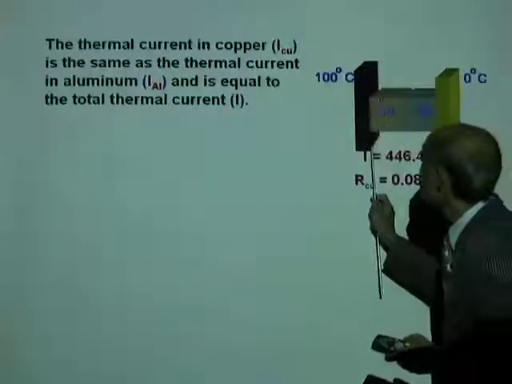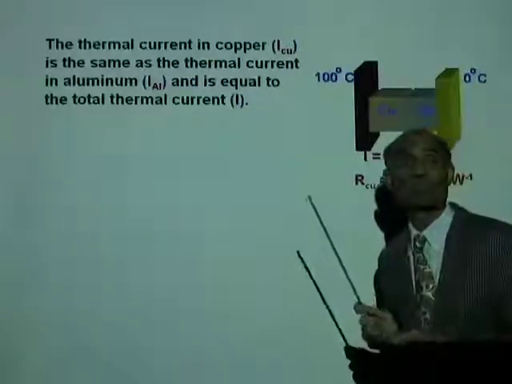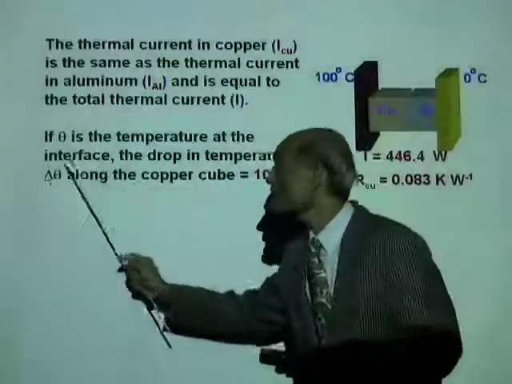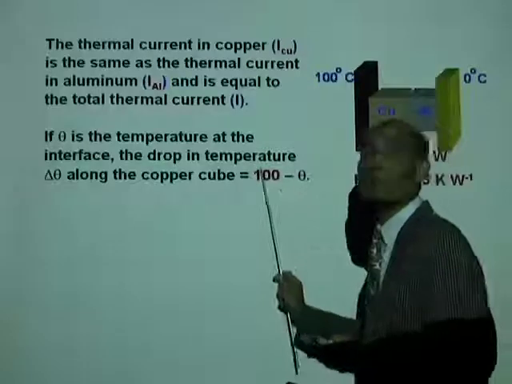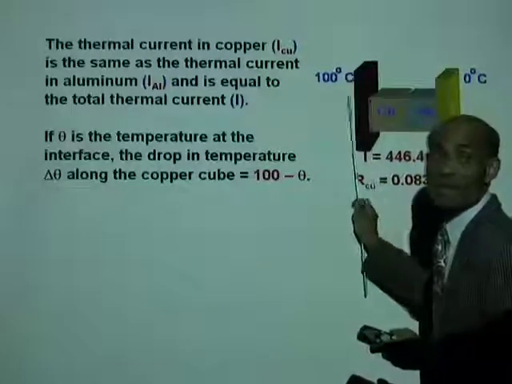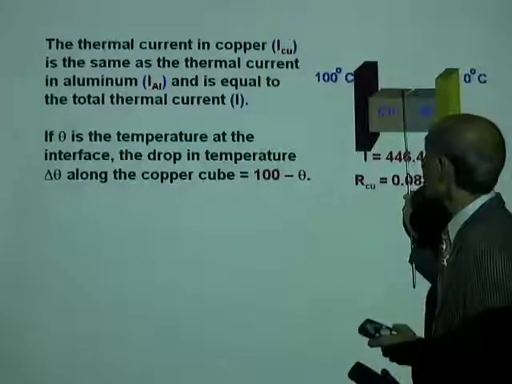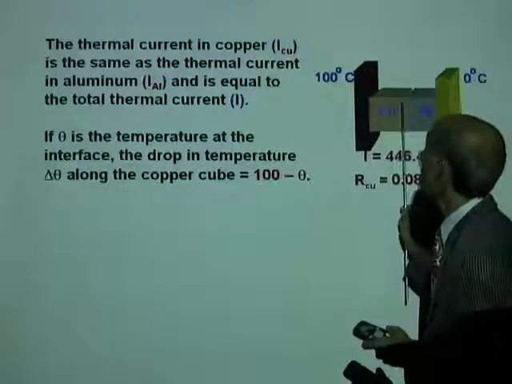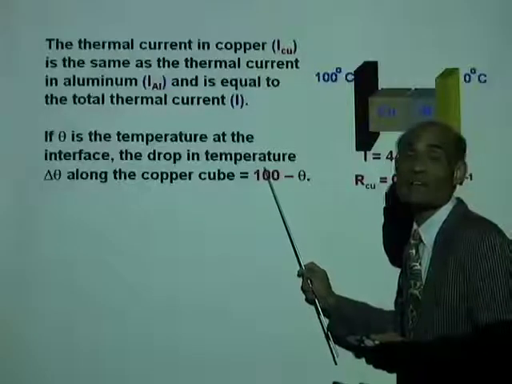So we know the thermal current in copper. We know the thermal resistance of copper. Can you find the temperature difference between the ends of copper? Yes, we can find the temperature difference delta theta. Our delta theta will be 100 minus theta, because 100 is the temperature on the left end of copper, and if theta is the temperature on the right end, the temperature difference between the ends of copper is 100 minus theta.